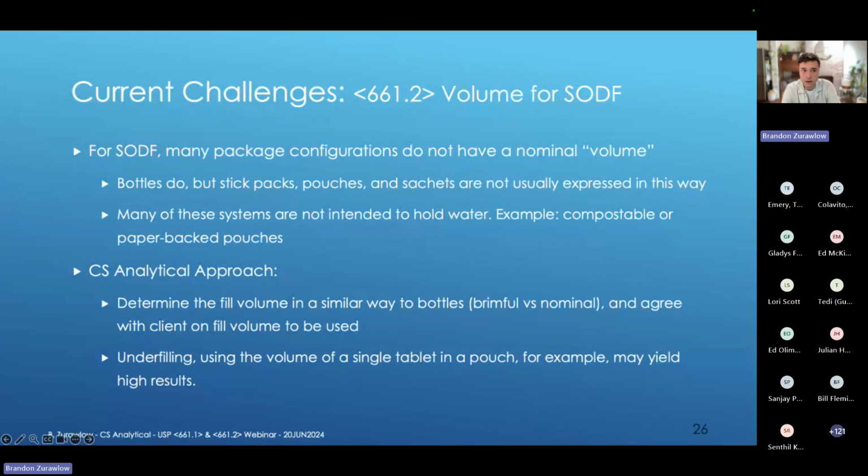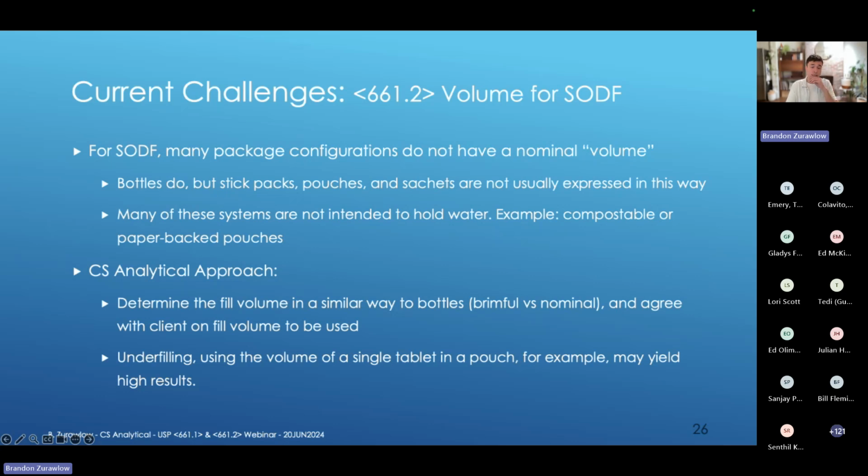A bottle might have a 30 ml or 60 ml, et cetera, nominal volume, but stick packs, pouches, sachets are not usually expressed with respect to volume. They might be described as a 2.5 gram stick pack, for example, or they might be described specifically based on their dimensions or length. Additionally, many of these systems are not really intended to hold water. So you can get some paper-backed pouches for maybe some pills, etc., that can introduce some issues here.